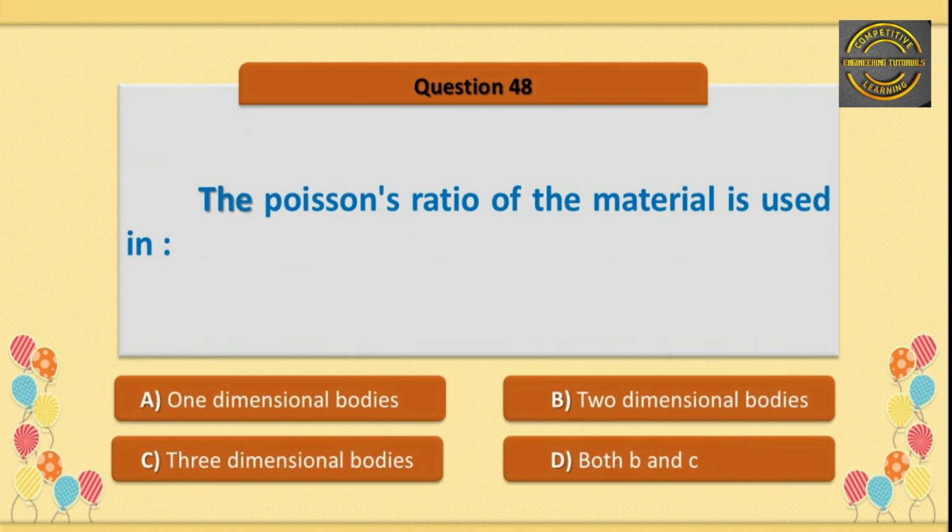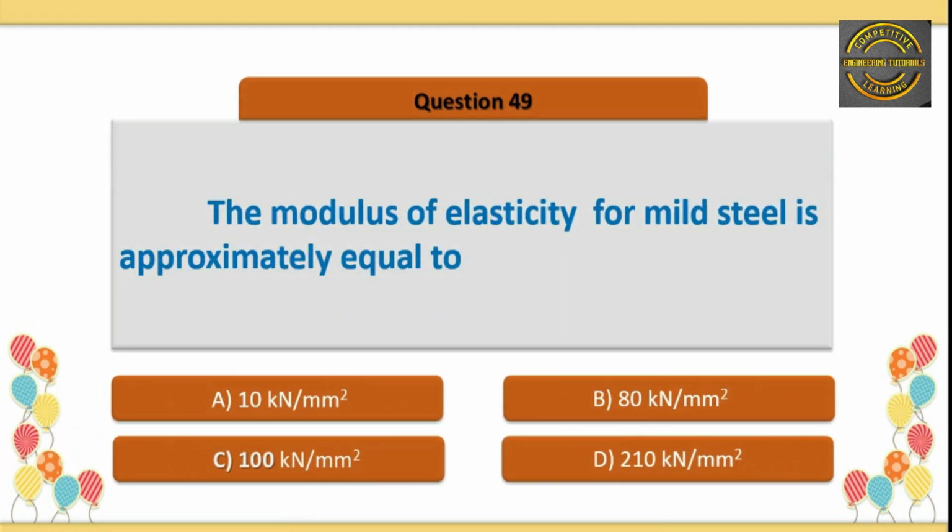Question number 48. The Poisson's ratio of the material is used in. Option A, one-dimensional bodies. Option B, two-dimensional bodies. Option C, three-dimensional bodies. Option D is correct. Both B and C. Question number 49. The modulus of elasticity for mild steel is approximately equal to.